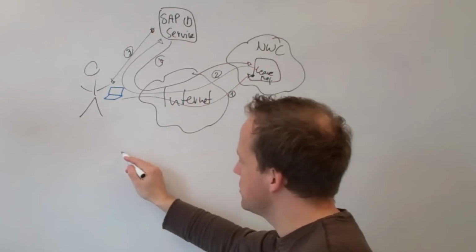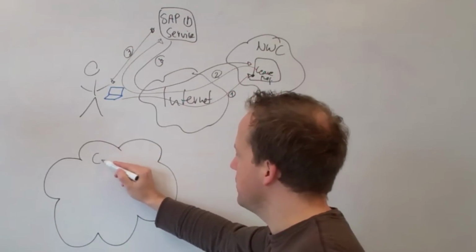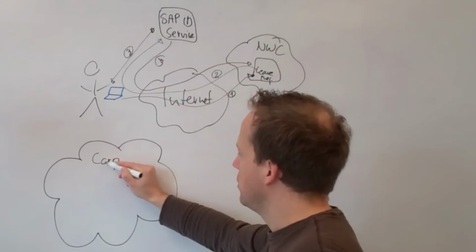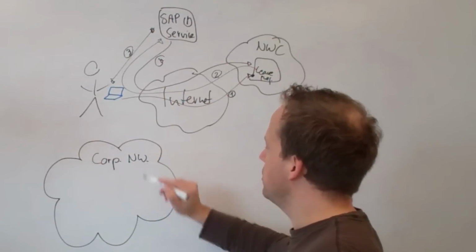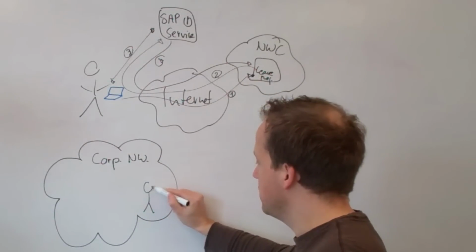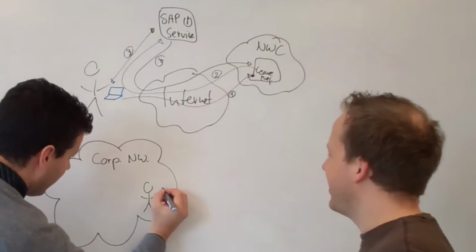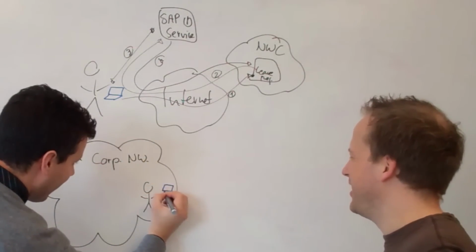But let's draw this corporate network here below. So let's say this is the corporate network. And again, we have let's say here another user who is an employee of this corporation. Let me paint the computer. Oh yes, the nice laptop.